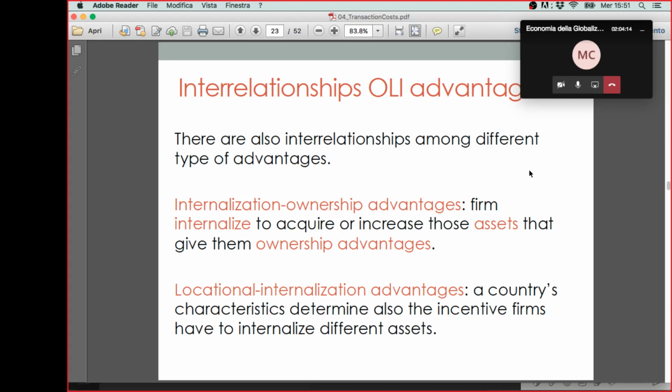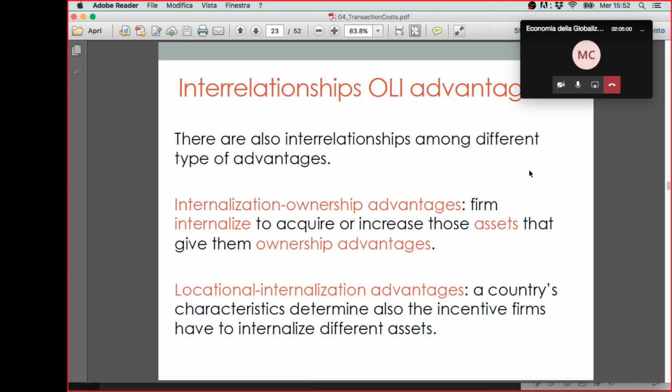The firm may decide to internalize that activity, meaning to acquire control over this Chinese company, because there is an internalization advantage: you operate in a sector in which there are lots of market imperfections, so the use of the price mechanism to buy those inputs via the market is very costly. But exploiting this internalization advantage also allows you to increase even further your ownership advantage based on access to cheap inputs. So there is an interaction between these two factors.